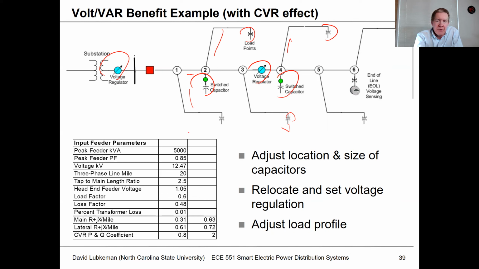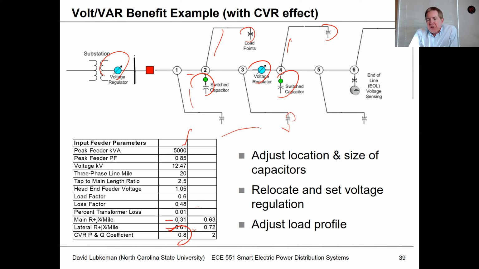So if I have a feeder, it's a 5 MVA, 0.85 power factor, 12.47 kV feeder. What I can do is I can make assignments for the different feeder impedances and lateral impedances, and I'm assuming in this case a CVR factor of 0.8%.